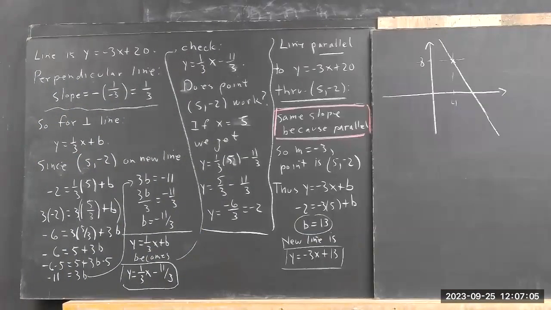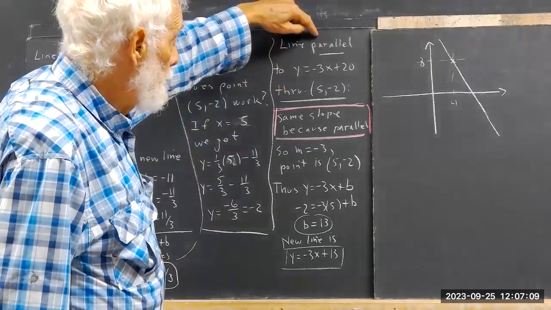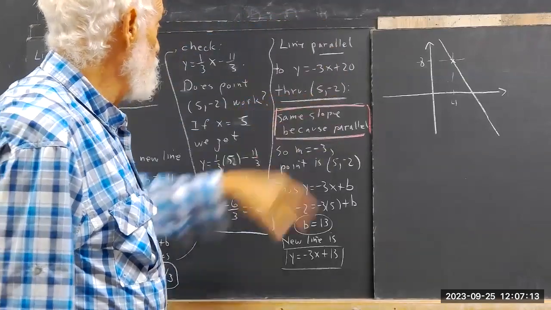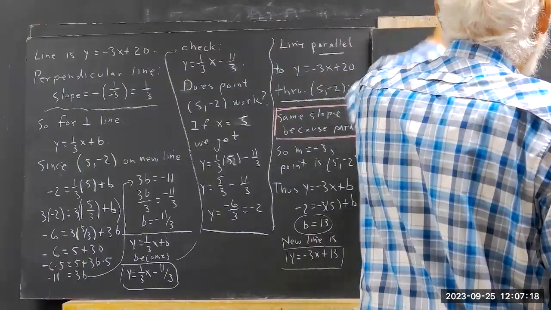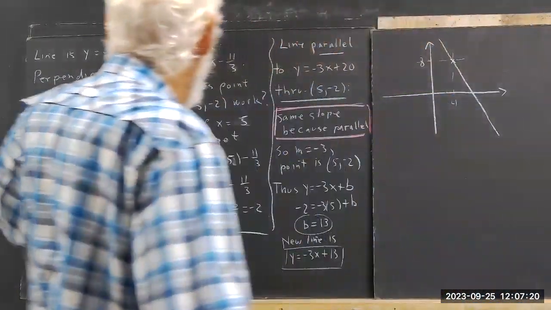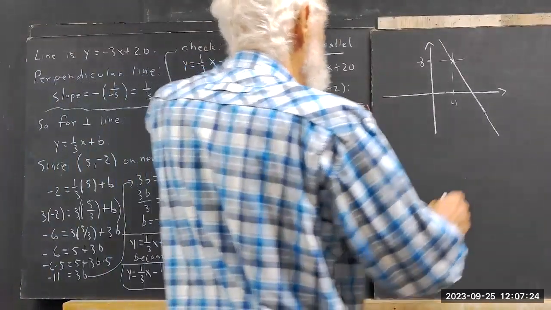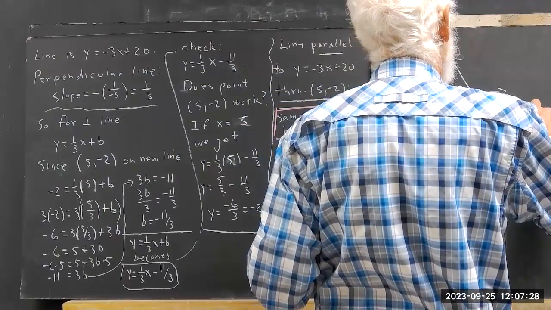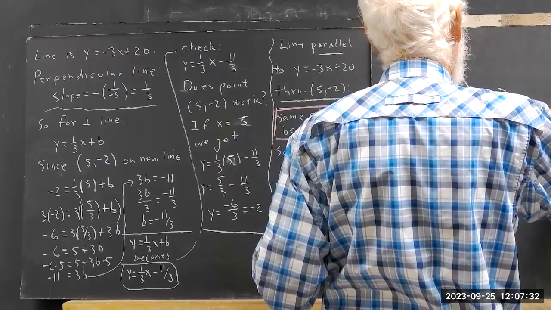Okay, well, the line parallel to y equals negative 3x plus 20 through the point 5, negative 2. In other words, it's a line through the same point as this one. And let me sketch that line. Now, this is the line y equals negative 3x plus 20.